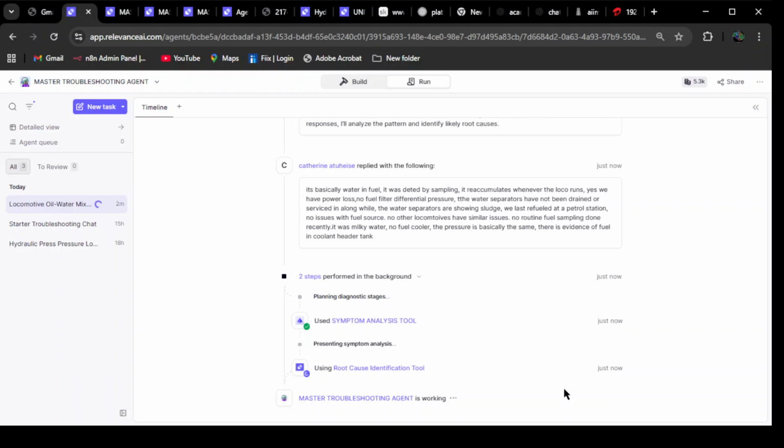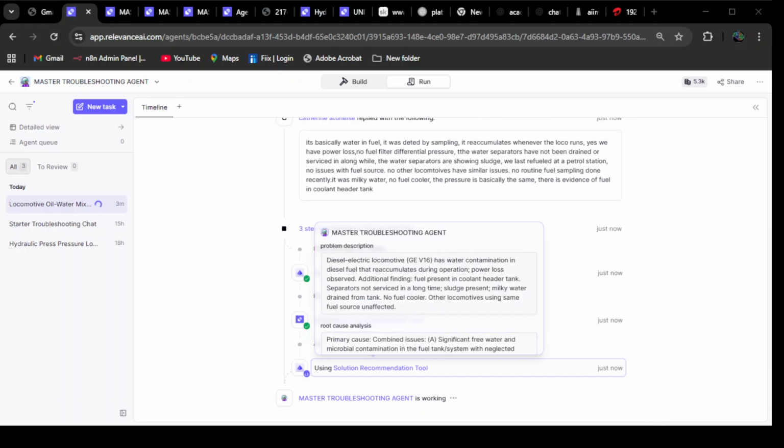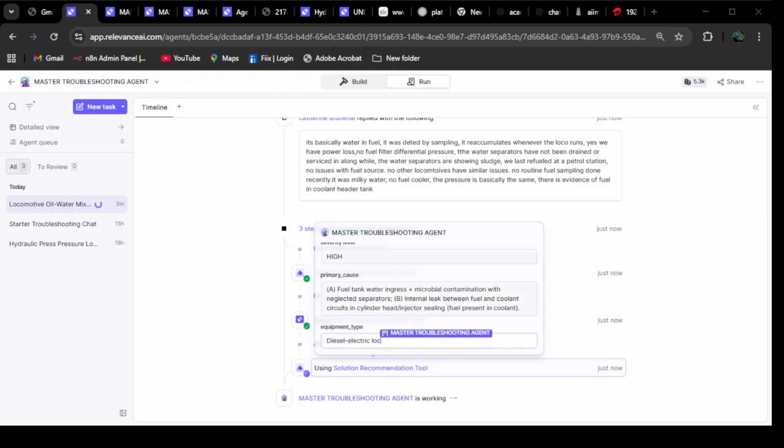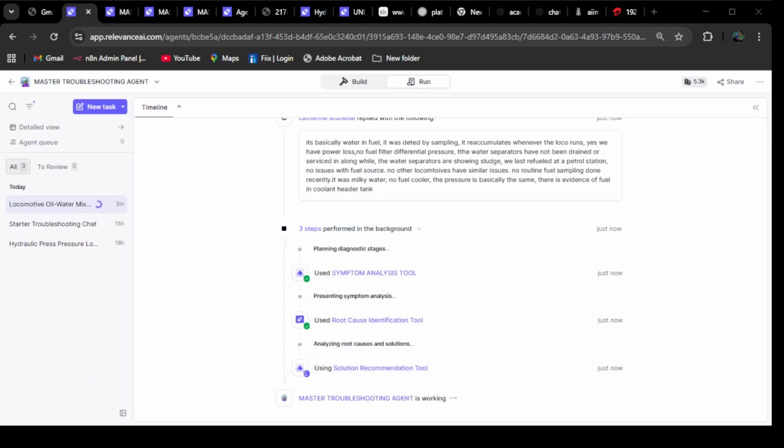So we see it working here. Just a couple of seconds. There we go. So yeah, it's now on the solution recommendation tool. It's basically using this tool to now give your recommendations for the solution.